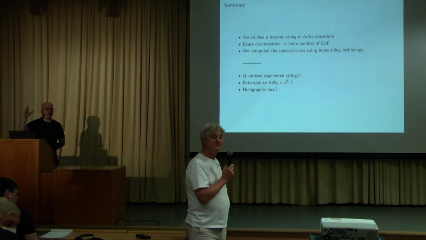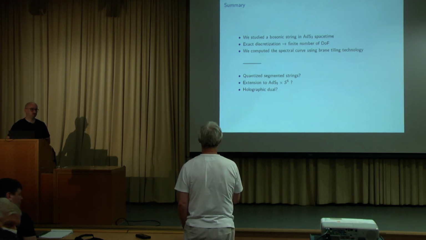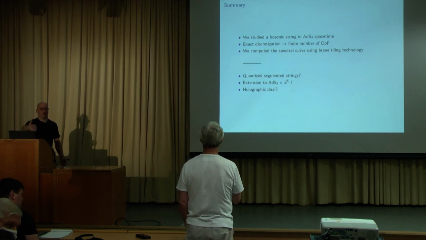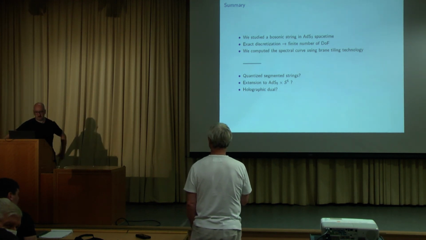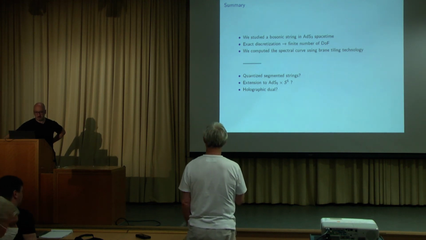I think it's easier to generalize it to AdSN. The problem with exact discretization is that there is no algorithm to do that, right? So it's easy to go to the smooth version from the discrete version, but not vice versa.